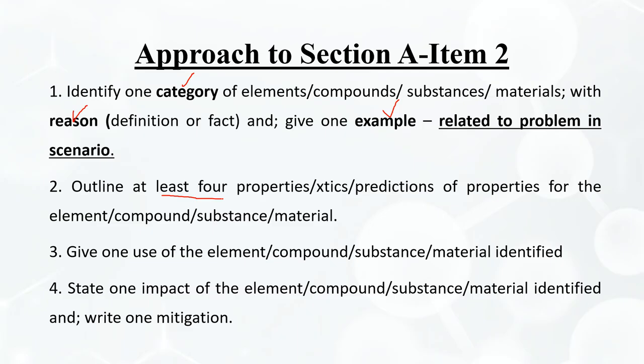Why have you chosen that? So that is what we want to see. So we have to outline at least 4 properties for the element, compound, or the material that you have mentioned in part 1.